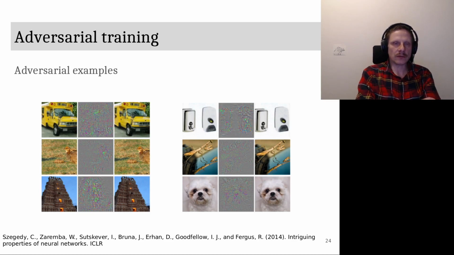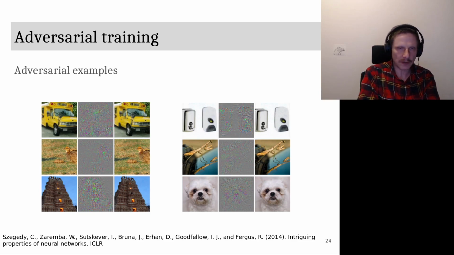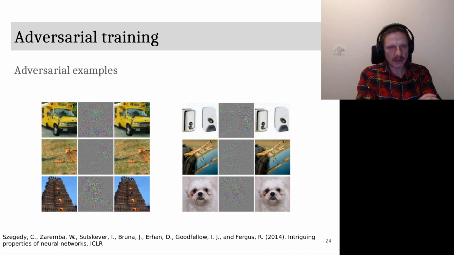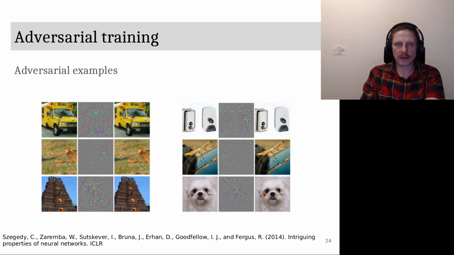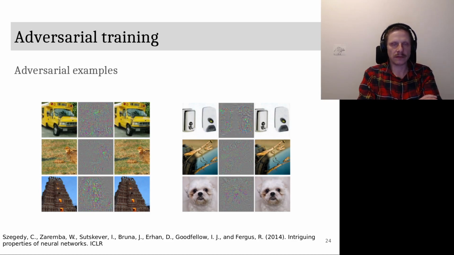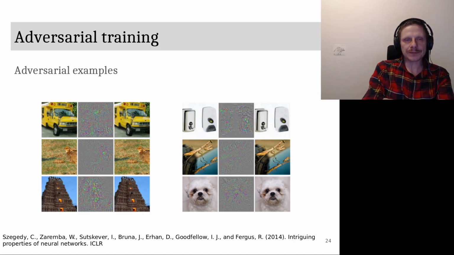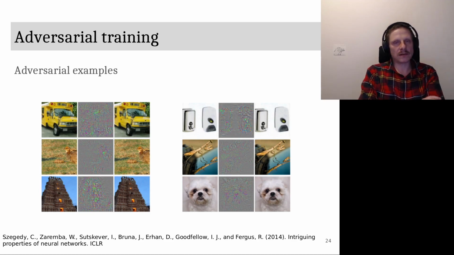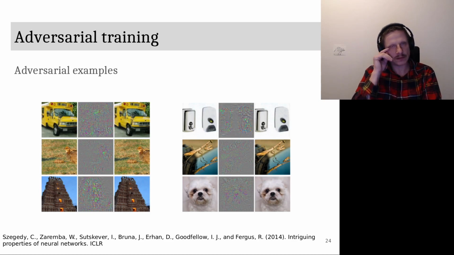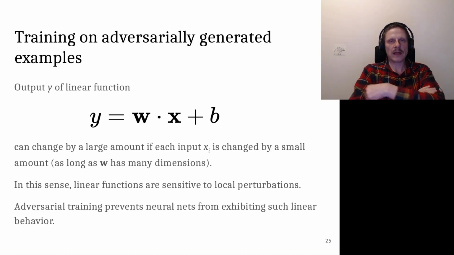So instead of saying truck in the first case, I don't remember what the changed label was, but maybe it will say kangaroo or something. It will completely change the output of the network, even though for us it looks exactly like the original truck. So this is called adversarial examples.